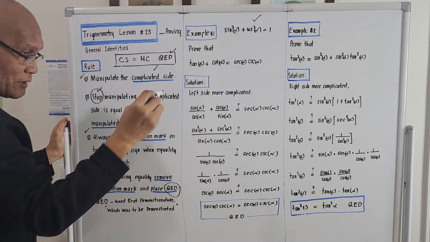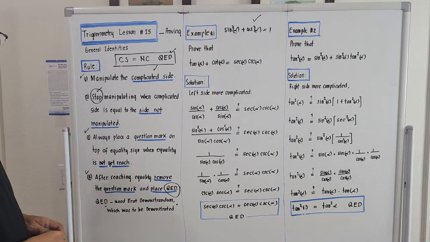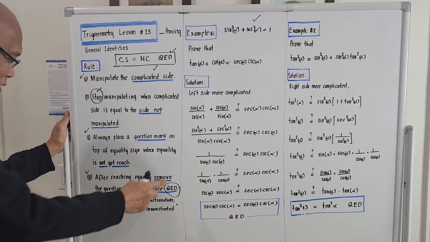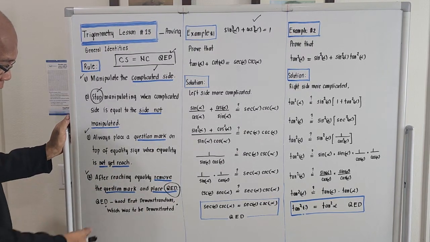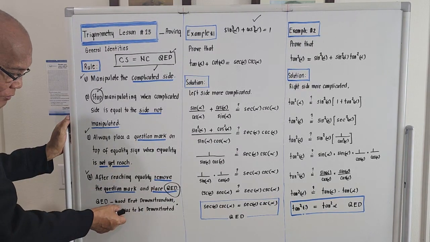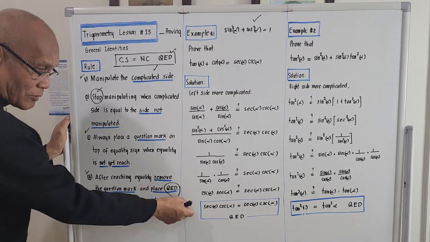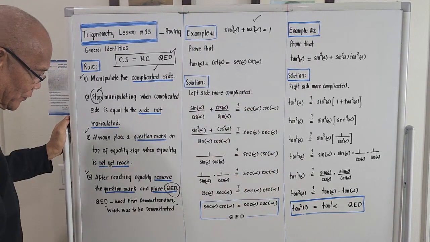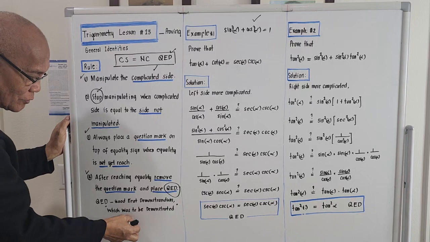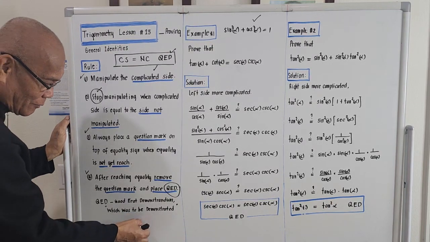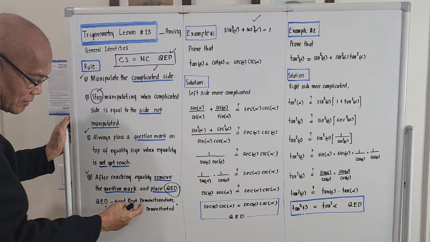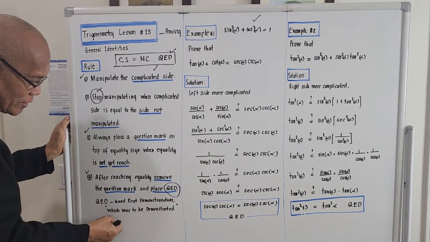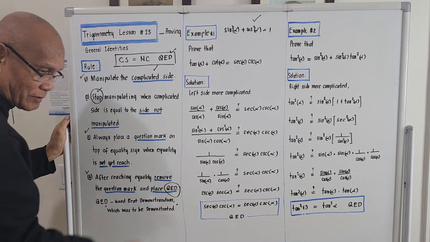And the meaning of QED is just a mathematical designation. I think this is a Latin word if you try to Google it. The meaning of QED is Quod erat demonstrandum, or in English, which was to be demonstrated.